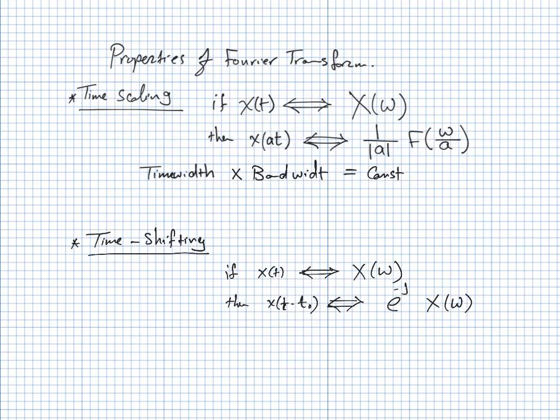So e to the minus j omega t naught. Okay? Sorry, omega t naught. Omega t naught. Okay?